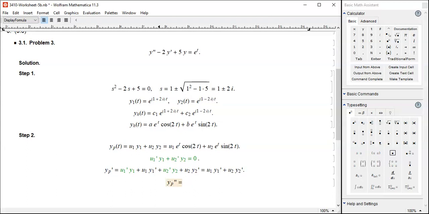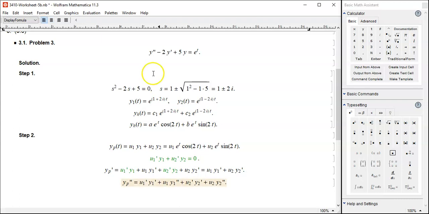This time you're not going to get so lucky, so you have to do the product rule for both of these: u1' y1' plus u1 y1'' plus u2' y2' plus u2 y2''.